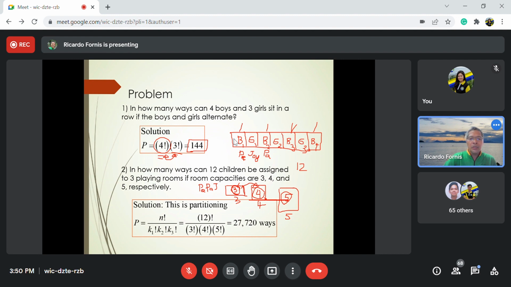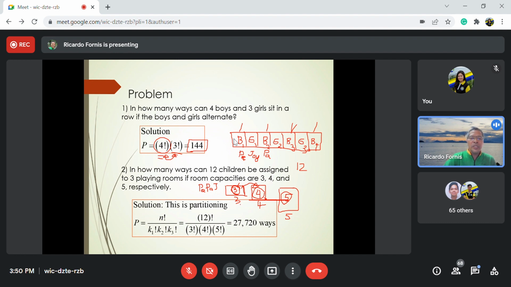So that's considered different. When somebody maybe from 5 is transferred to number 3, and then another person here is transferred to number 5, this is now considered different.